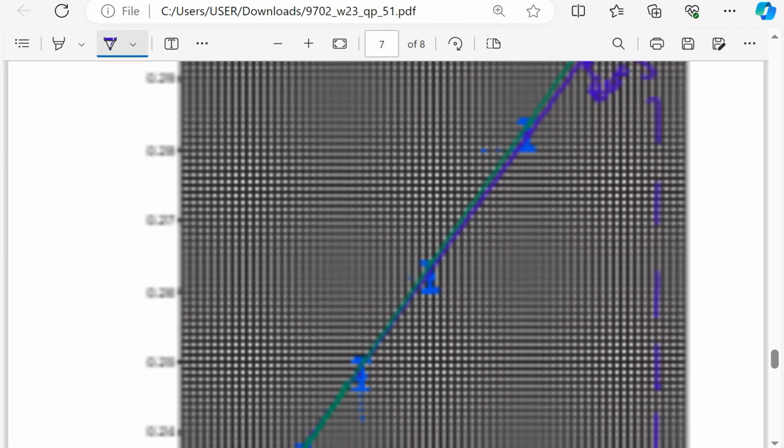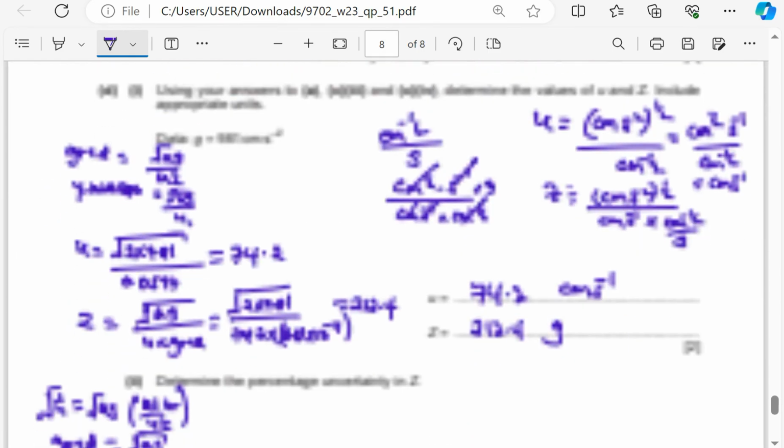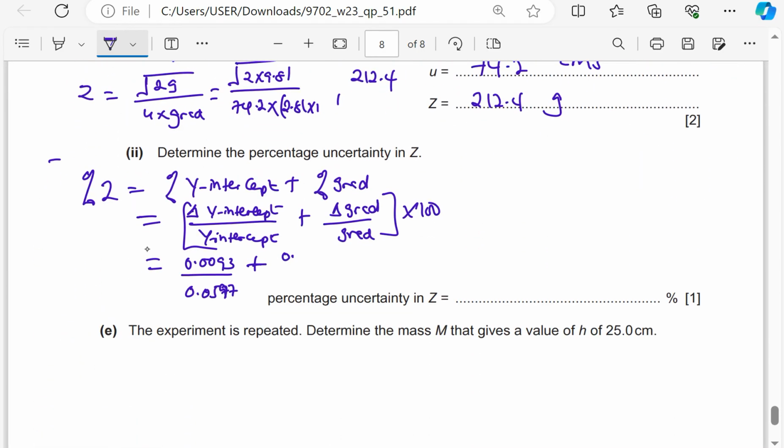The power of 10 will just disappear. You will not consider it. So it is 0.14 divided by 2.81. I'll multiply this by 100, so this will be a percentage.